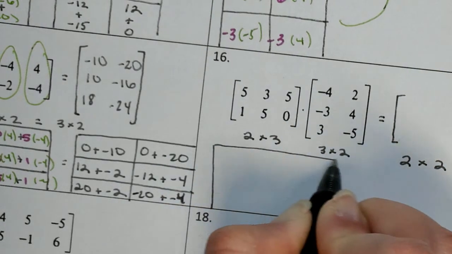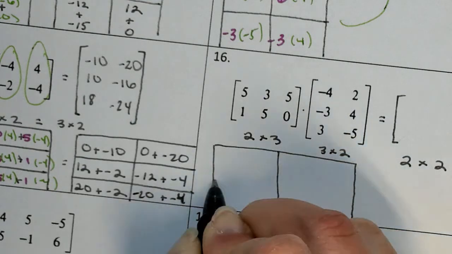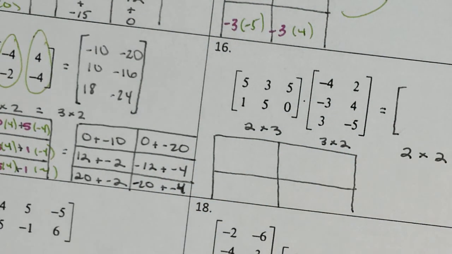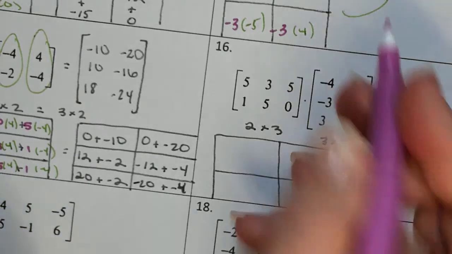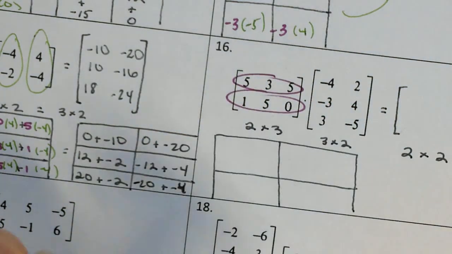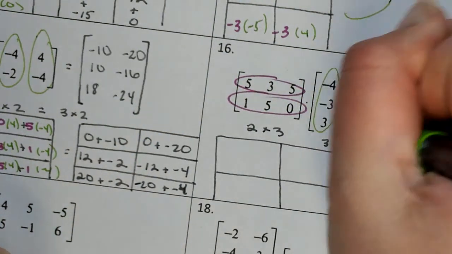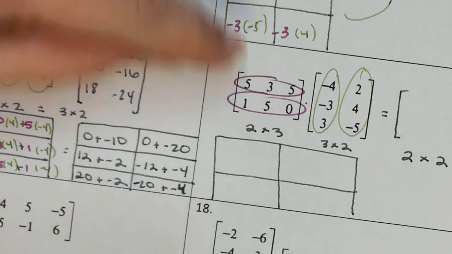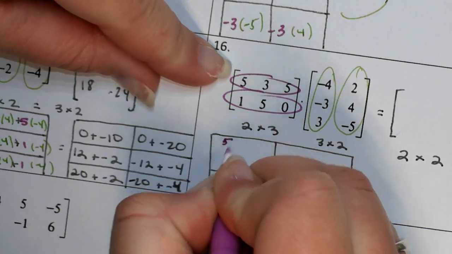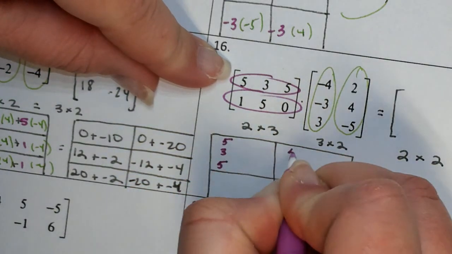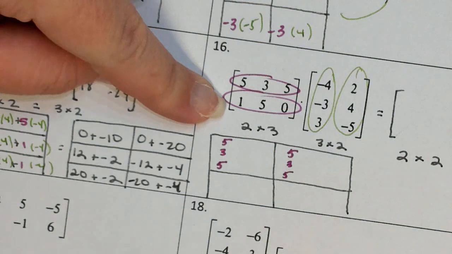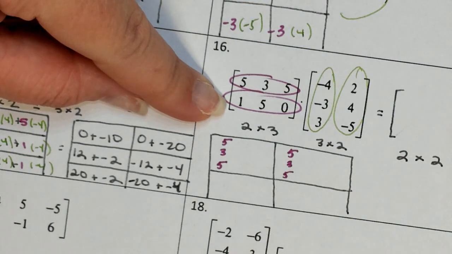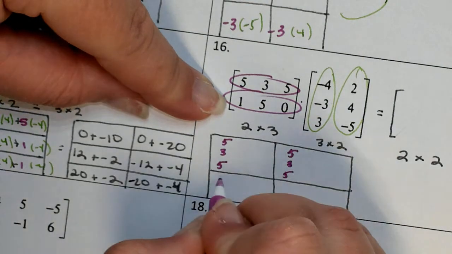Let me create my giant workbox here. When I go to circle numbers here, how many numbers am I circling in each row and each column? How many numbers are circled here? 3. So we're going to have 3 pairs in each of our boxes then. So in our boxes across the top, we're going to have 5, 3, and 5. What numbers do you have in the boxes on the bottom? 1, 5, 0.